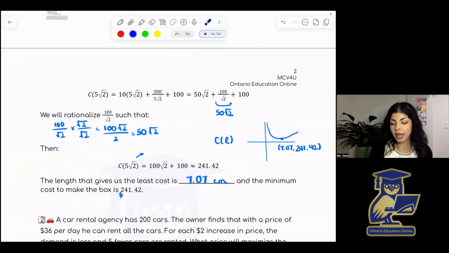But again, if we choose large enough values of L, our function is still defined, and the cost will still be an admissible value. It will be defined in this context, and it would just be greater than this value here. And because we're minimizing, we just consider this value, and we don't actually check the endpoints here. And so now combining this with what we saw in the previous lesson with area and volume, sometimes just by analyzing the context of the problem, you can skip the part of checking the endpoints if they don't necessarily make sense for your given problem.